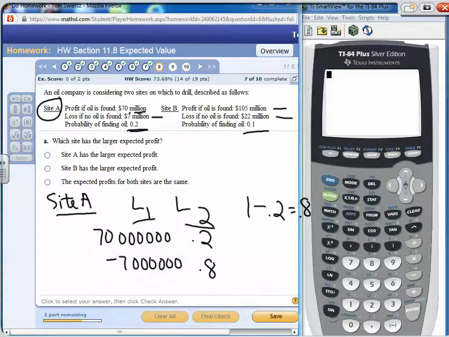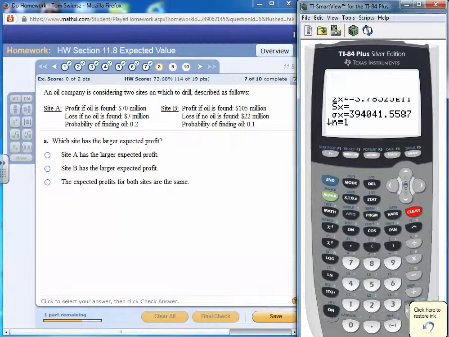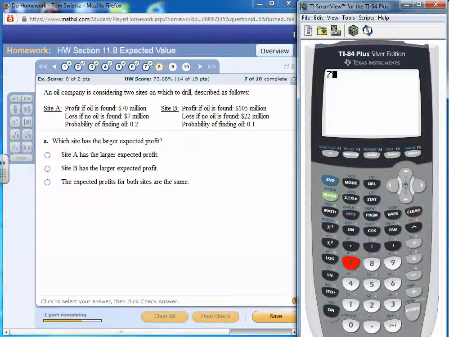So that's 70 million times 0.2, plus negative 7 million times 0.8, and so we would get 8,400,000, which would be our expected value for site A.